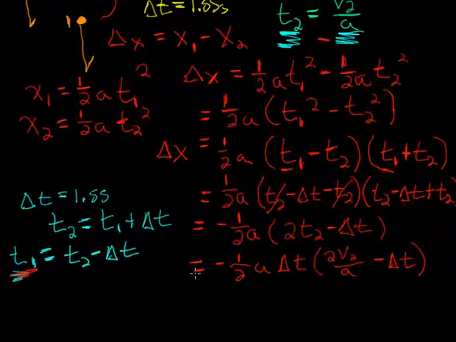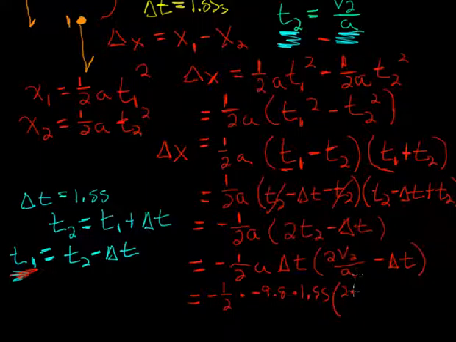And so now when I plug in my variables, I get a negative 1/2 times negative 9.8 times 1.55, because that was the difference in time, times 2 times 12.9 over negative 9.8, I'm double checking all my variables here as I poke them into the calculator, minus 1.55.